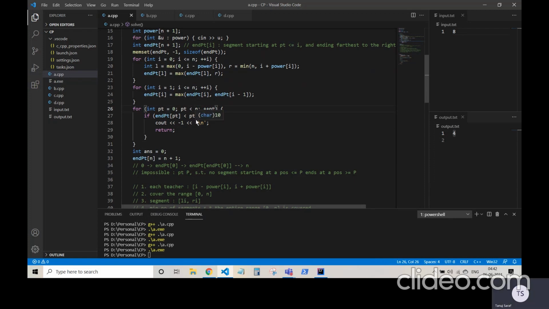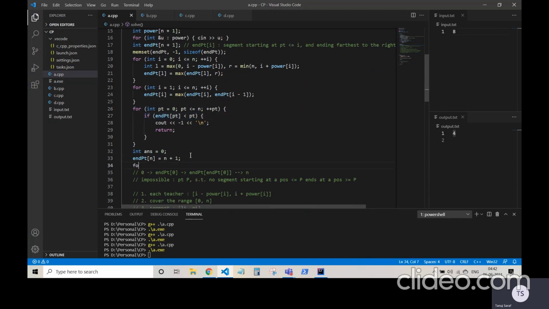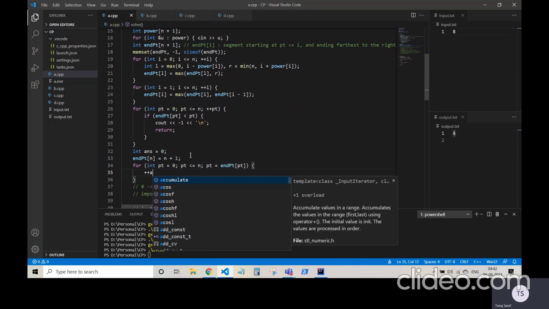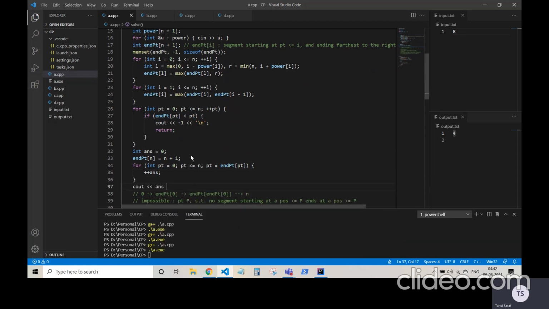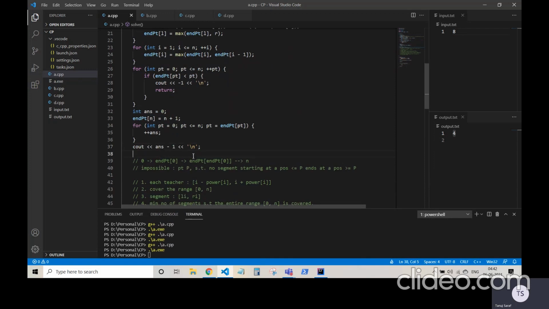Okay fine, this is still less than or equal to, since we have taken the prefix maximum, so this is fine. And over here we set the endpoint of n as n plus 1, and then we start from point 0, while point is less than or equal to n, we update point as endpoint of point, and every time we increment the answer. And finally, the number of jumps or steps that we made is equal to answer minus 1.